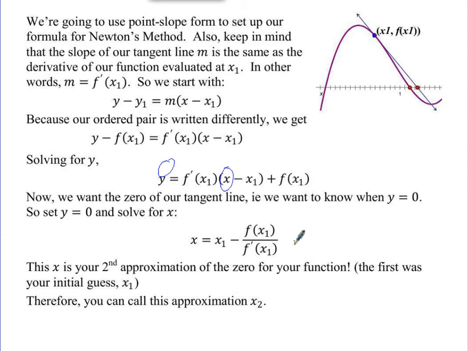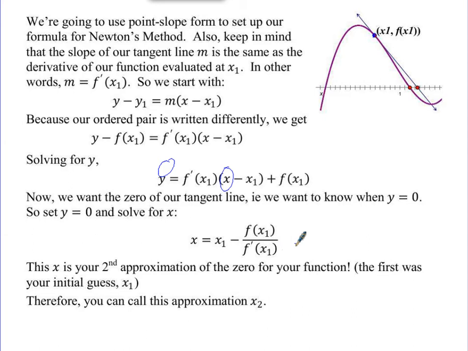Once I've solved for x, I wind up with x1 minus f at x1 divided by f prime at x1. So what that says is my x-intercept for my tangent line sitting right here is just the x-coordinate that I picked minus the function evaluated at that x-coordinate divided by the derivative of the function evaluated at that x-coordinate.